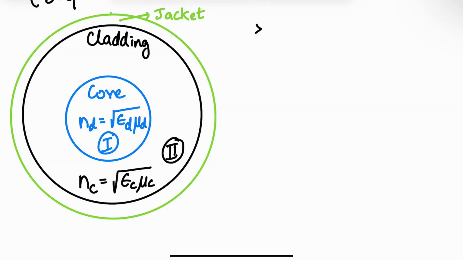Typically the operating wavelength, since in optics you deal with wavelengths more than frequencies, is 1550 nanometers because the loss is the lowest, only about 0.2 dB per kilometer. This is one of the reasons that the 1550 nanometer band is very popular for long range fiber optics.